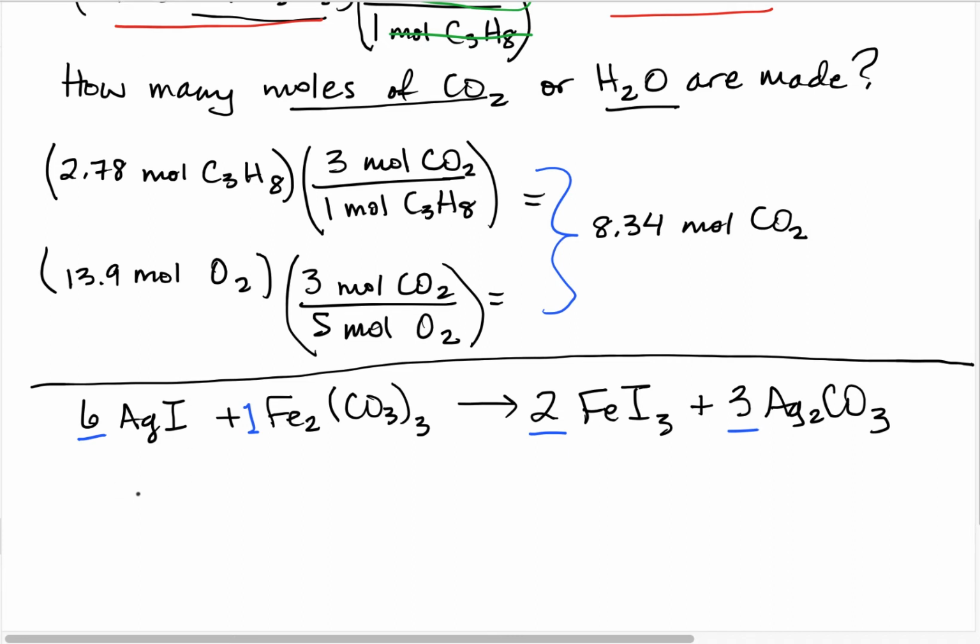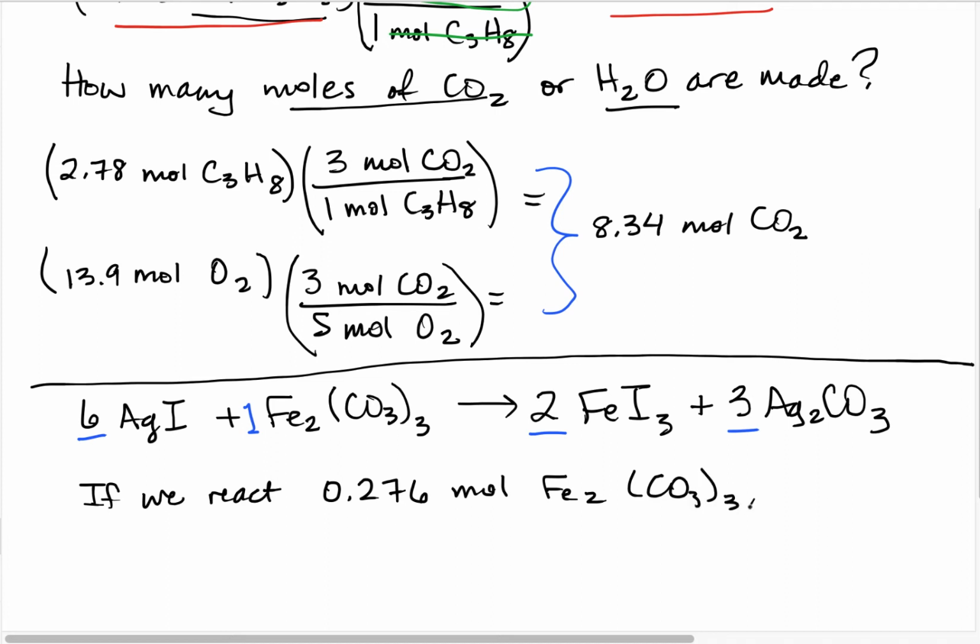So let's say we react 0.276 moles of Fe2CO3. How many moles of AgI are needed to react with it?